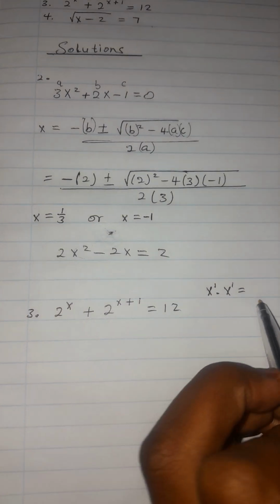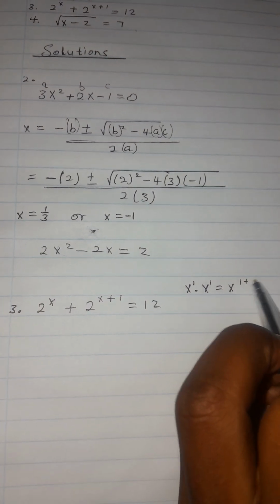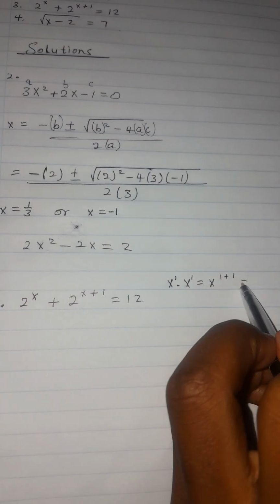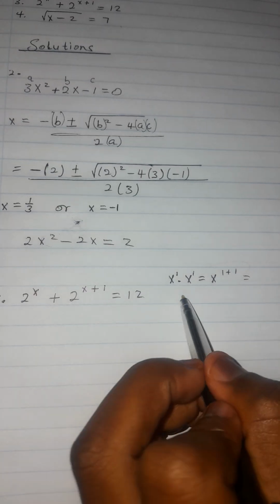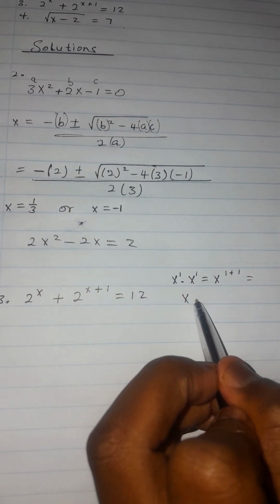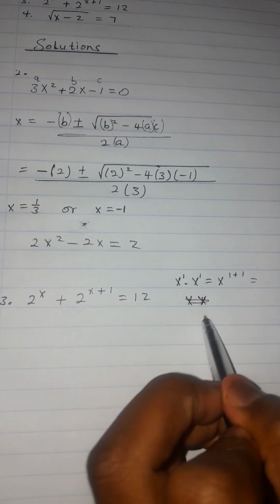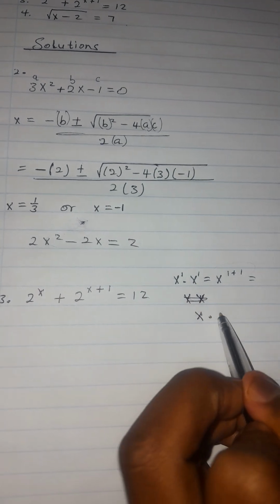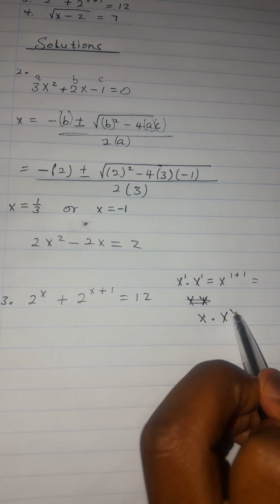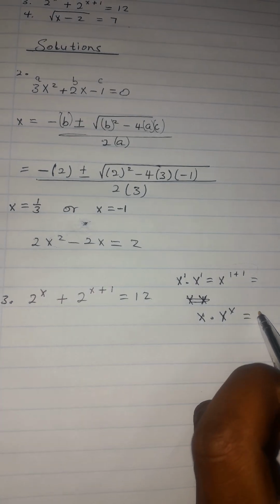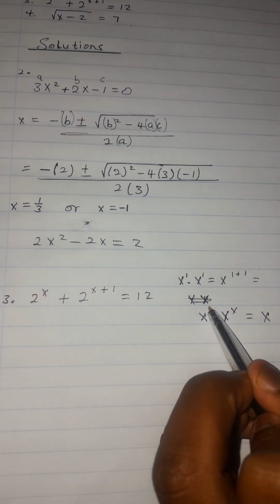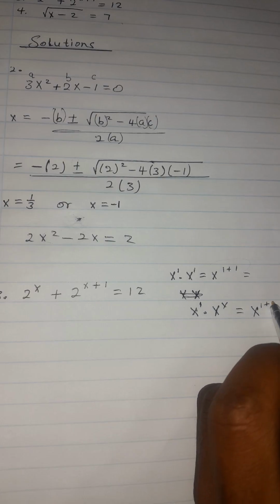You keep the base and add the exponents. So if this was x times x to the power x, this would be keep the base and add the exponents. Here we got 1, this is 1 plus x.